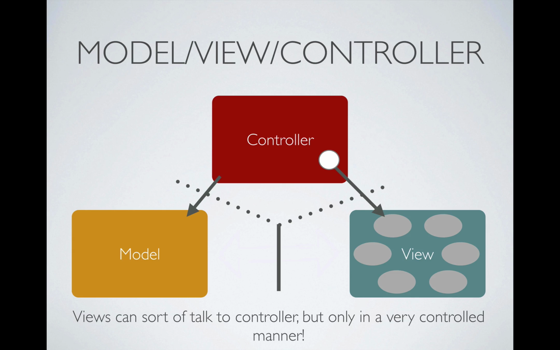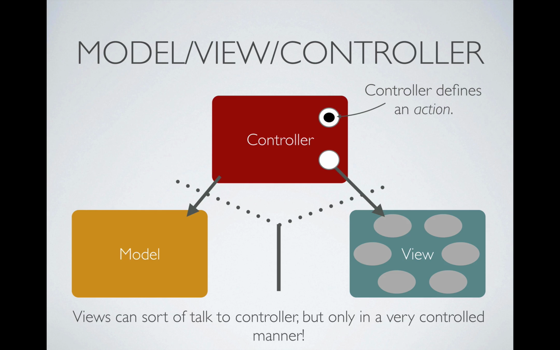Now, views can talk to the controller, but only in a very controlled manner. Views don't really have detailed knowledge of what controller is managing them. Instead, controllers define actions.